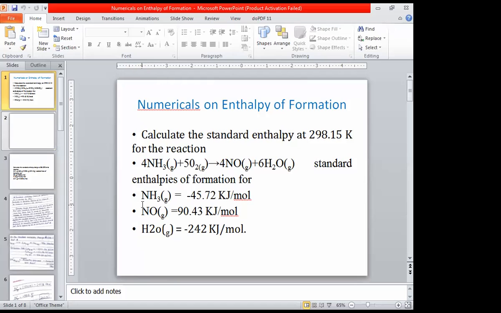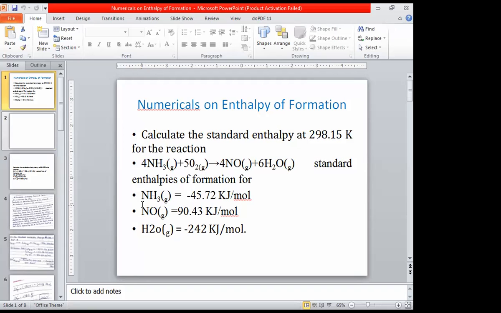Am I correct? And we have discussed about the standard heat of the reaction. That is standard enthalpy. Standard heat means enthalpy of the reaction. And in that view, we have discussed about the enthalpy of formation.